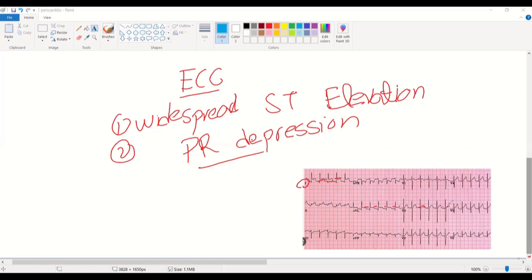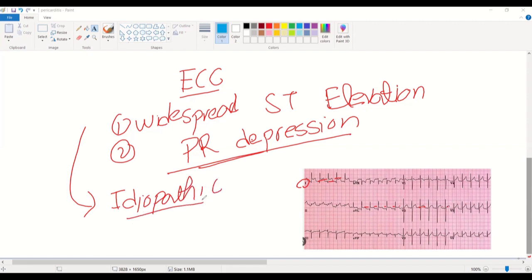This is random, right? Widespread ST segment elevation and PR depression. And the most common cause is idiopathic.